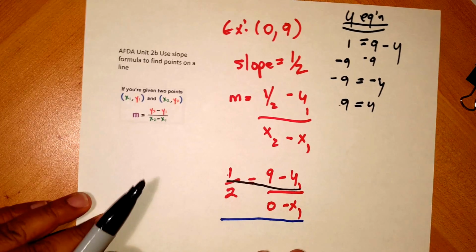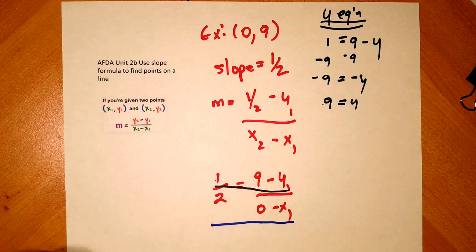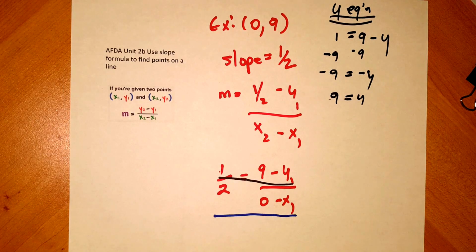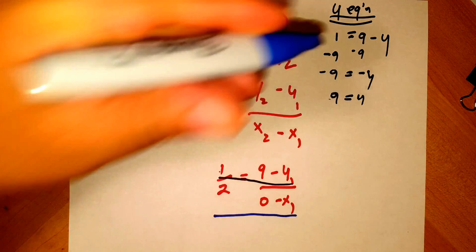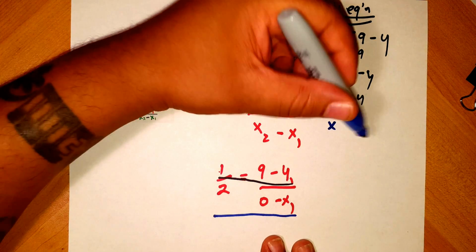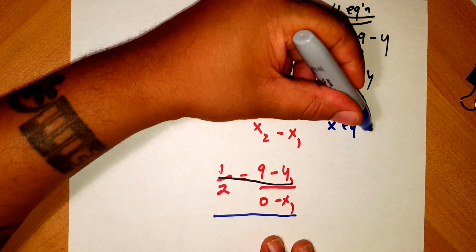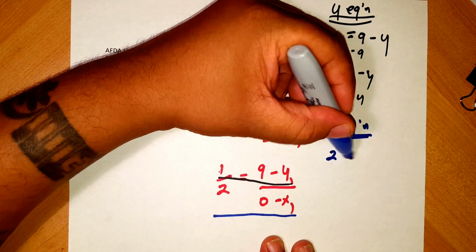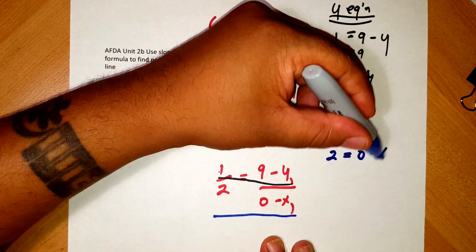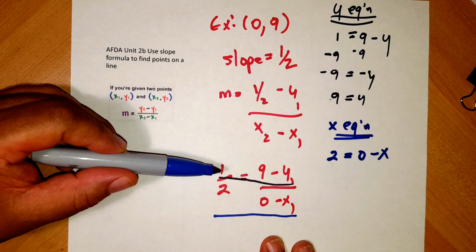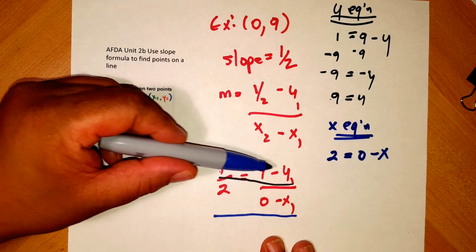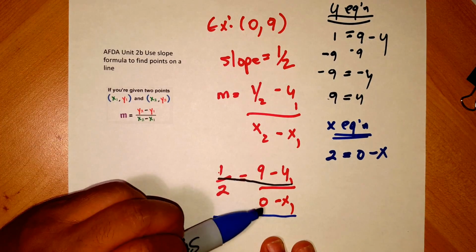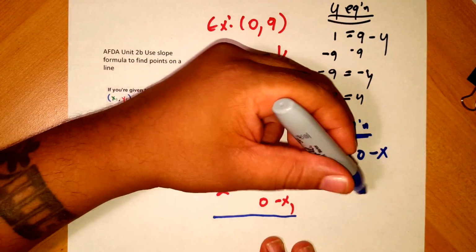For our x equation, for our x coordinate, we'll say 2 is equal to 0 minus x. So make sure we're noticing y, y, y, x, x, x.